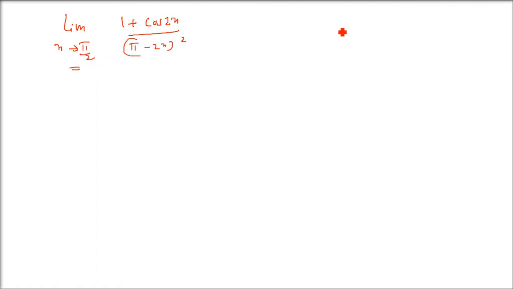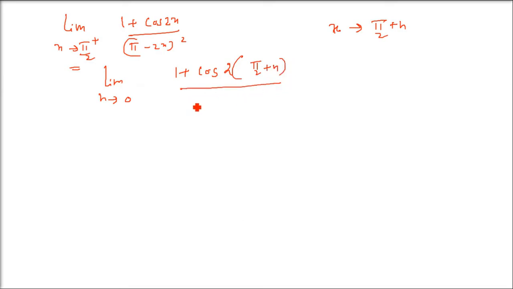First of all, we replace x by pi by 2 plus h, that is the right hand limit, and then h tends to 0. So limit h tends to 0, 1 plus cos 2 times (pi by 2 plus h), and similarly pi minus 2 times (pi by 2 plus h), all squared.